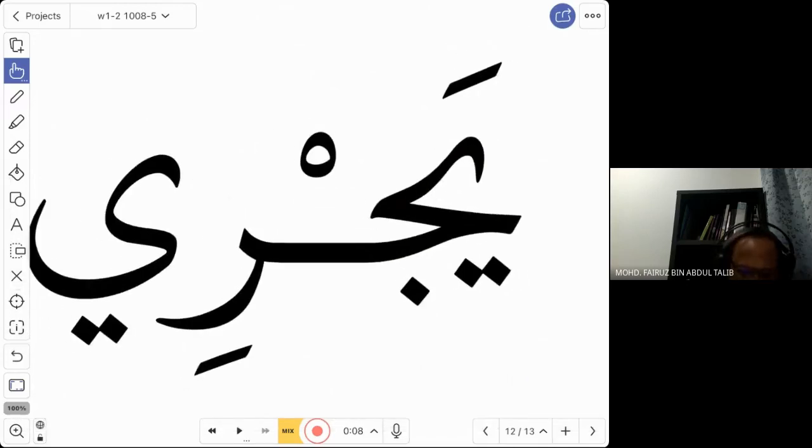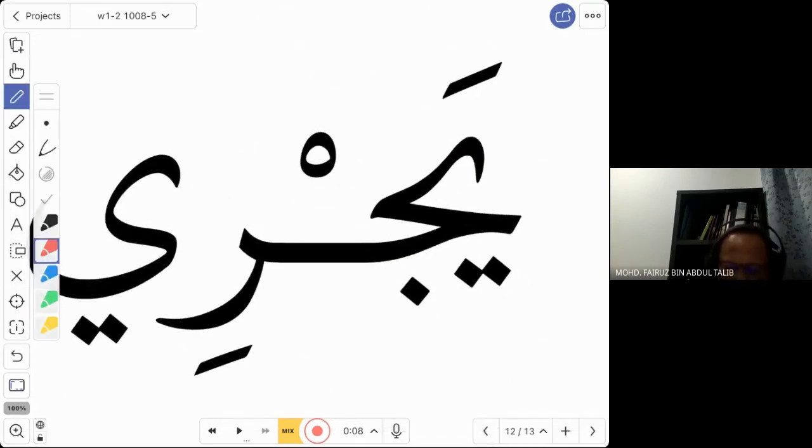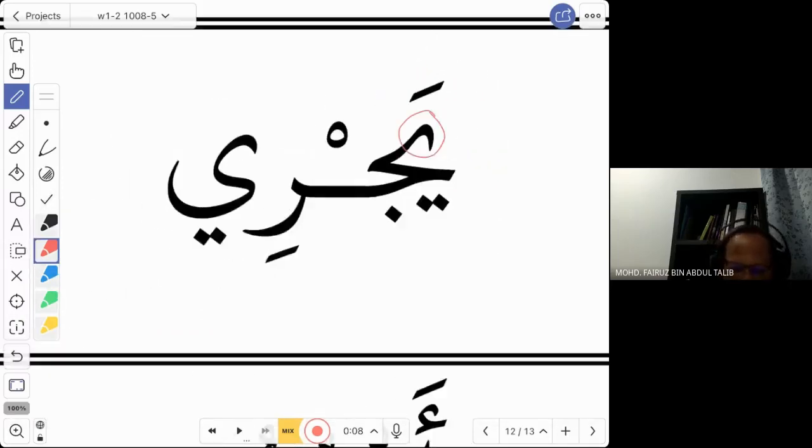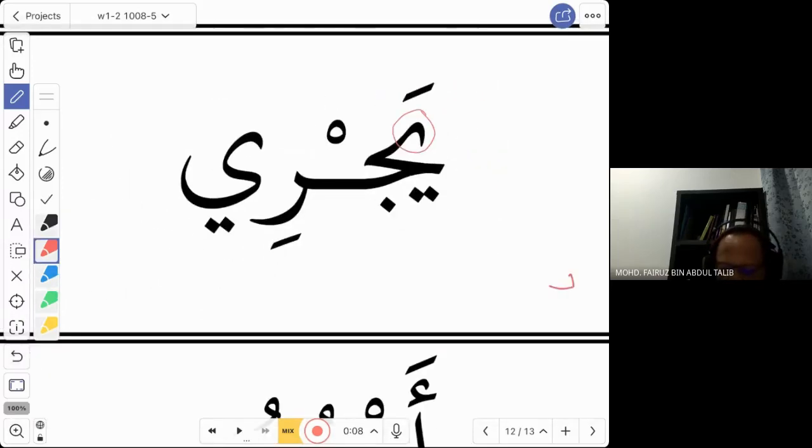If you look at this symbol, what is this? Let me tell you. This is actually Ya, Jim, and this is how we will write it normally: Ya, Jim, Ra, and Ya. So if I put it this way, can you read this? Zohra, can you read this now?